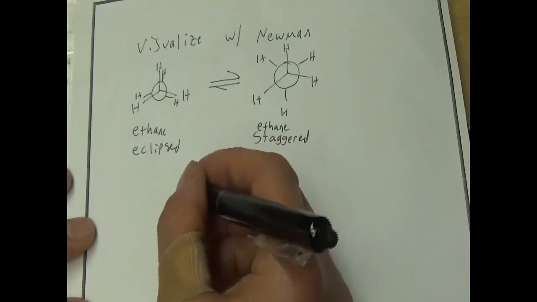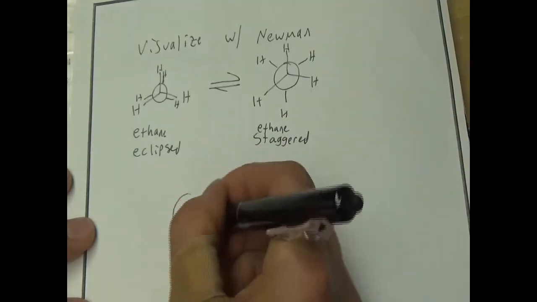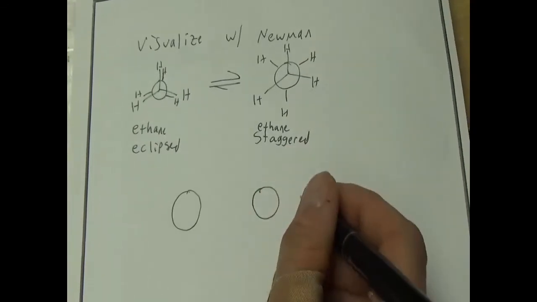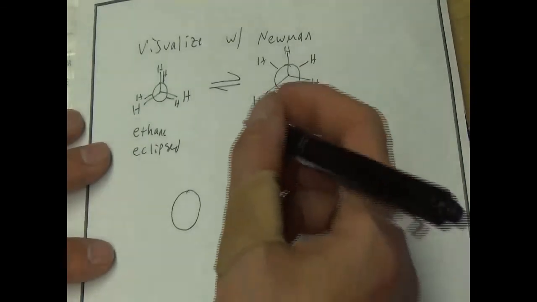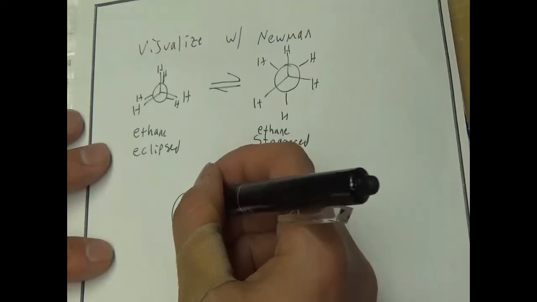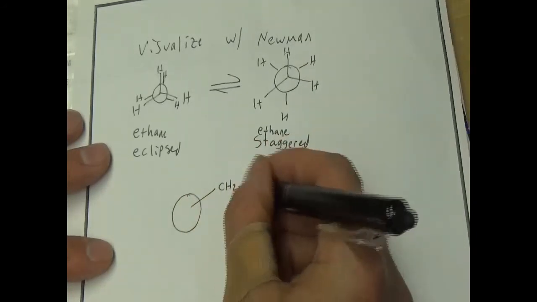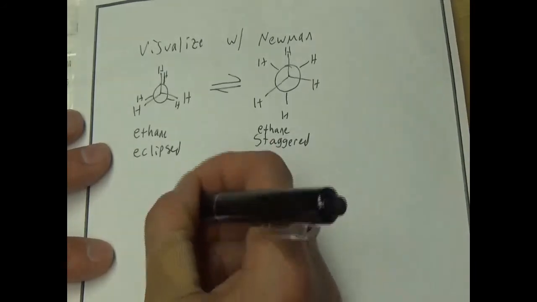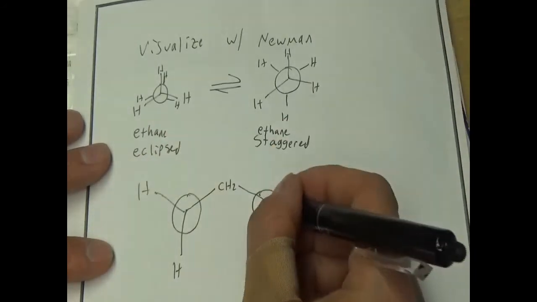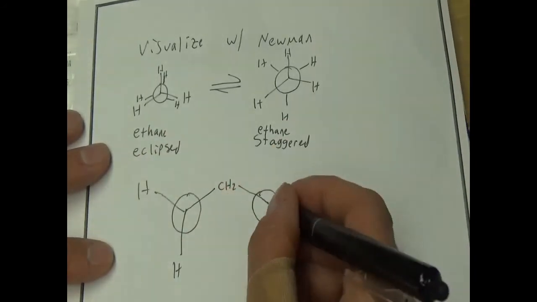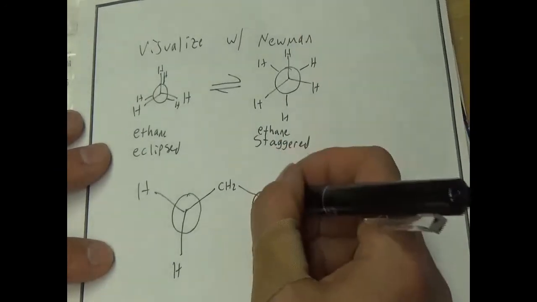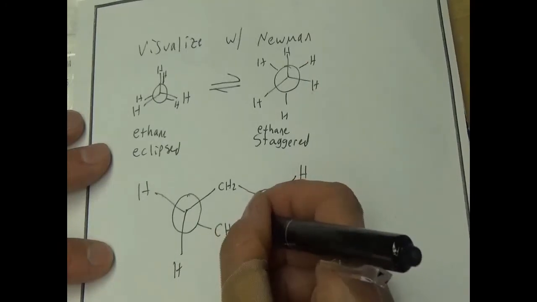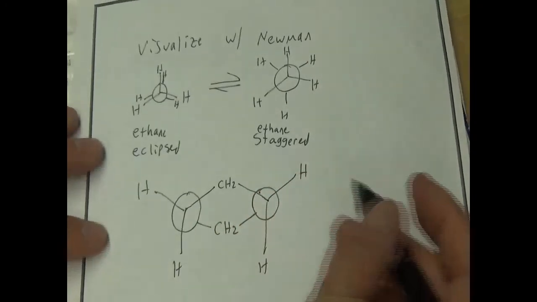So if we look down two of the carbons, CH2, CH2, we basically get this kind of representation.